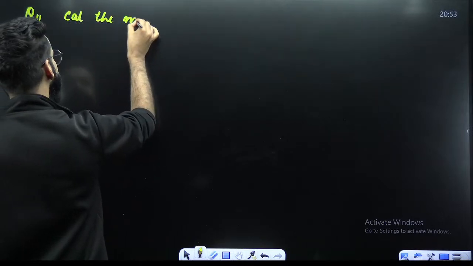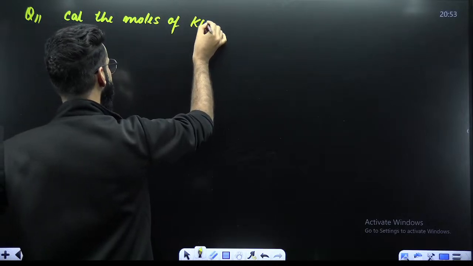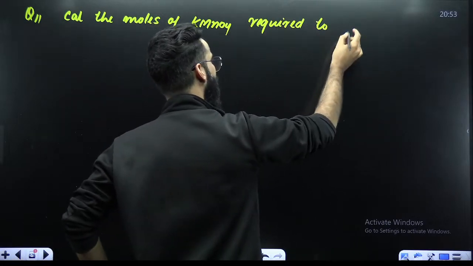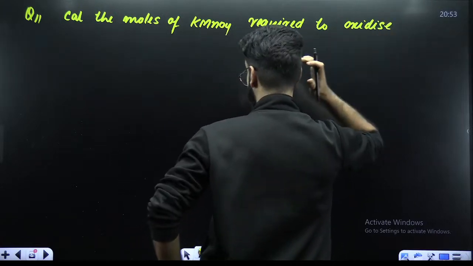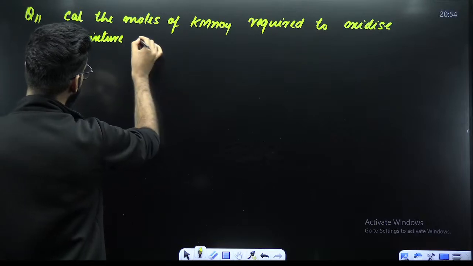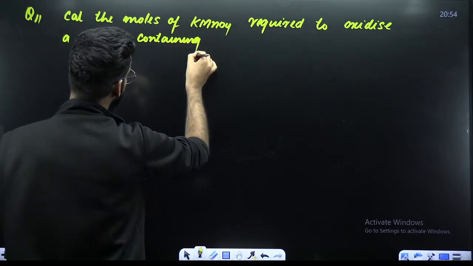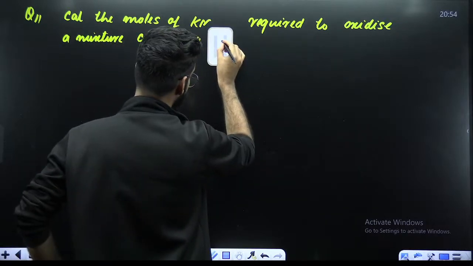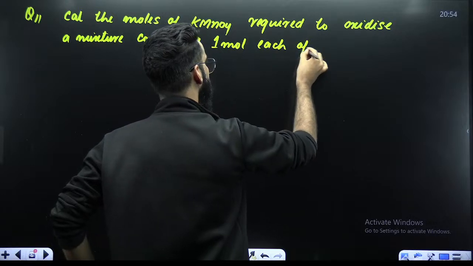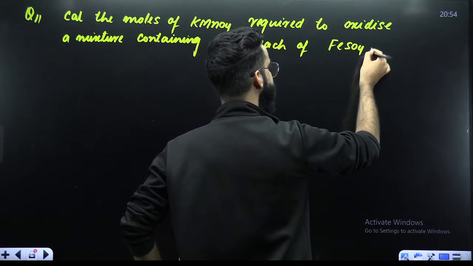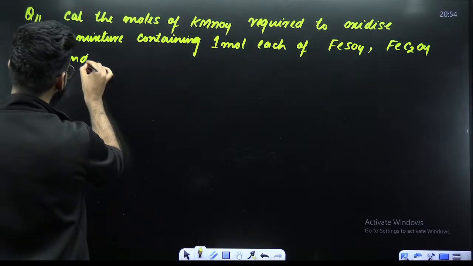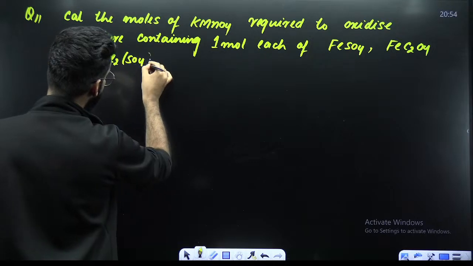Calculate the moles of KMnO4 required to oxidize a mixture containing 1 mole each of FeSO4, FeC2O4 and Fe2(SO4)3.